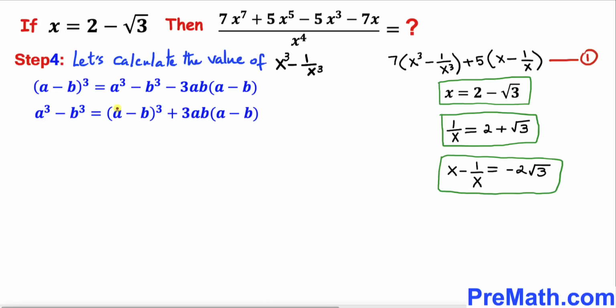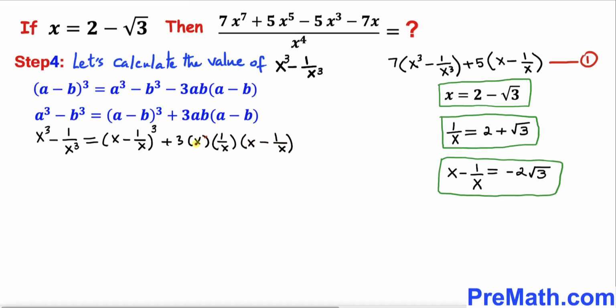And now let me go ahead and call this a as our x and b as 1 over x. Then this equation could be written as x cube minus 1 over x cube equals x minus 1 over x whole cube plus 3 times x times 1 over x and then times x minus 1 over x.